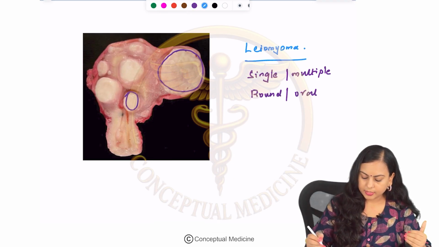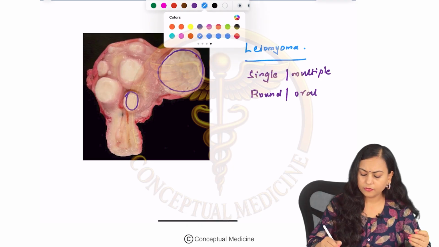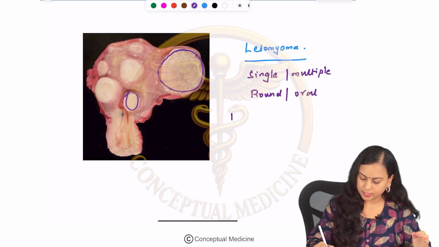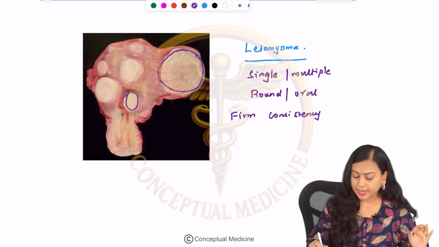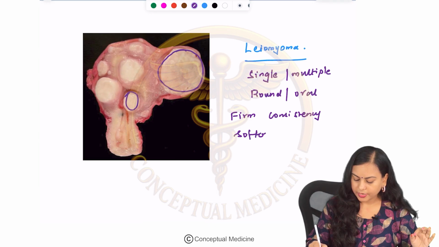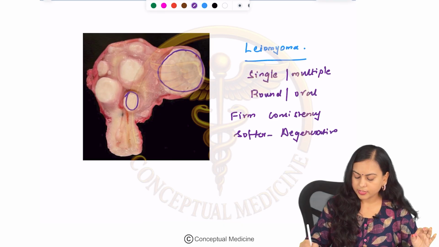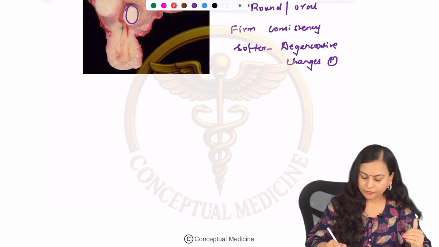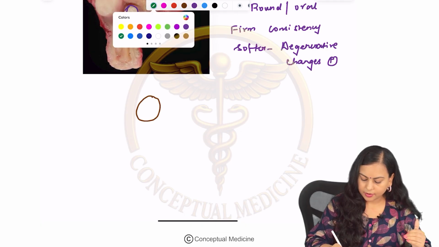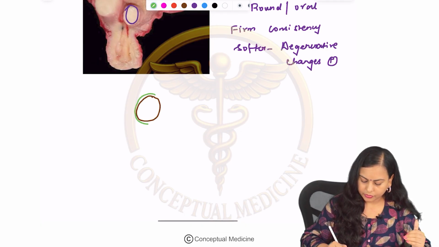And usually they are of firm consistency. Okay, the consistency is going to be firm, and they can be softer also when the degenerative changes are seen. Okay, and usually if you take a fibroid, a separate fibroid, it is usually covered by a pseudocapsule like this.